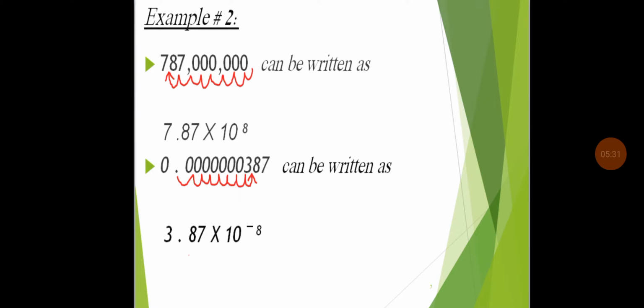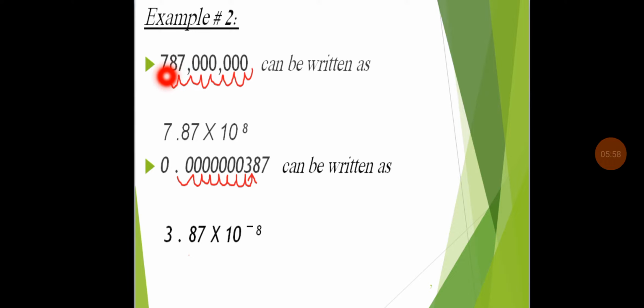In this second example, we have this greater value. As I have told you, in a greater value there is a decimal placed after the last digit. So we move from here: 1, 2, 3, 4, 5, 6, 7, 8.